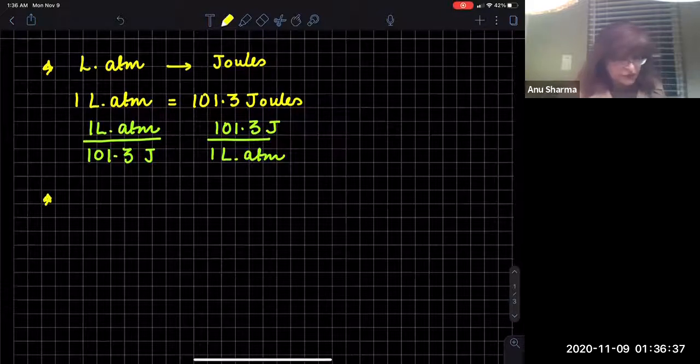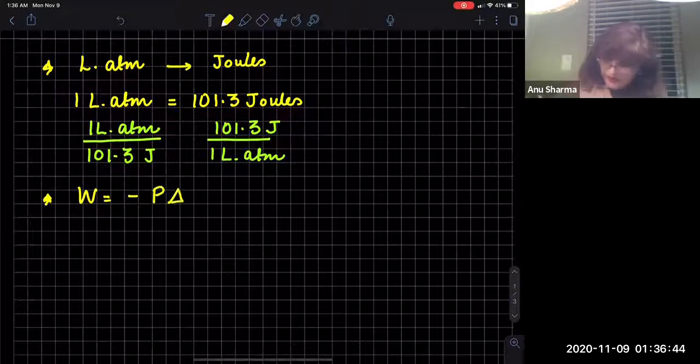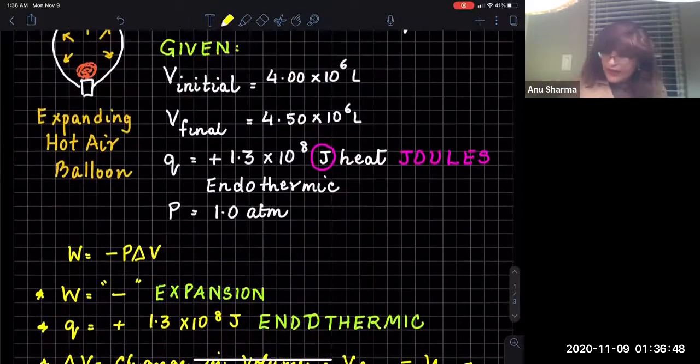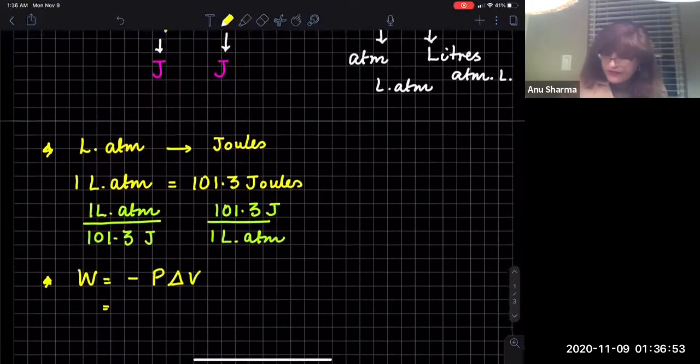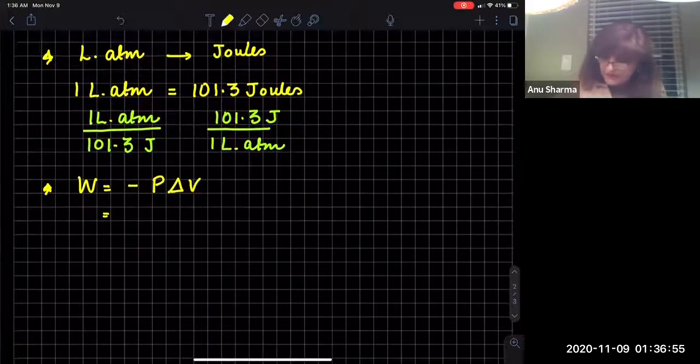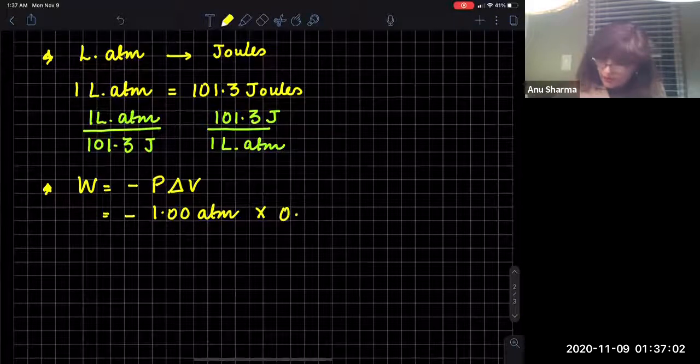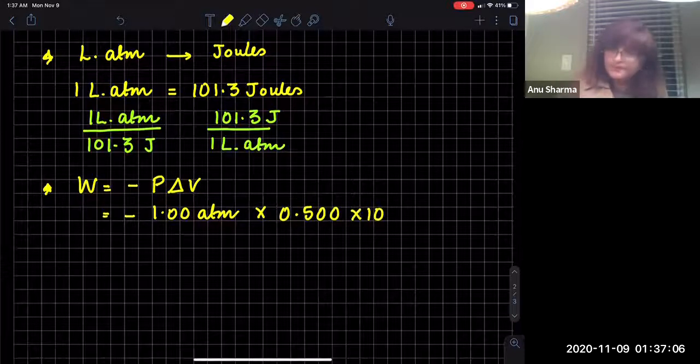First, we will need to find the value of W. W is equal to negative P delta V. So what is P? P is given to us as 1 atmosphere. And we just now found out the value of delta V. So we are going to just plug in these numbers. Negative 1.00 atmosphere times 0.500 into 10 to the power 6 liters.